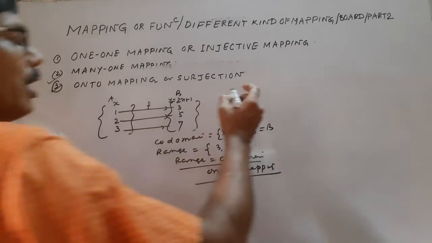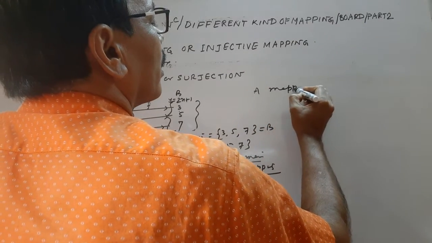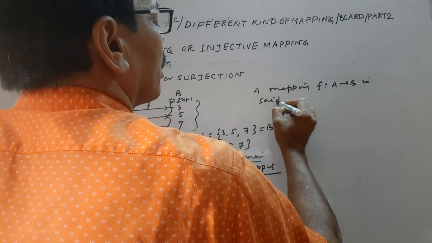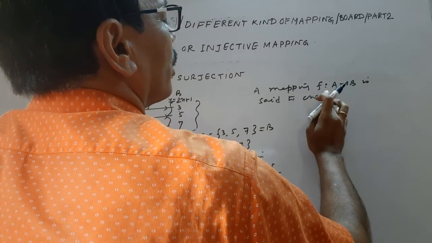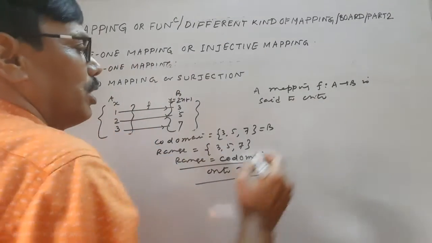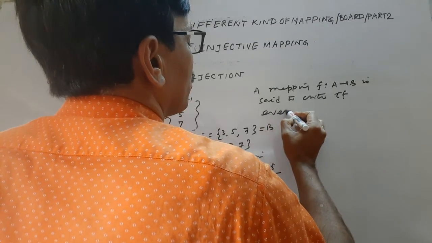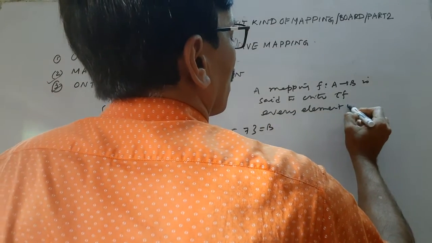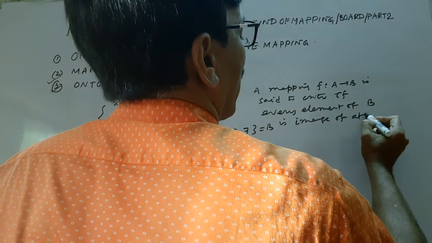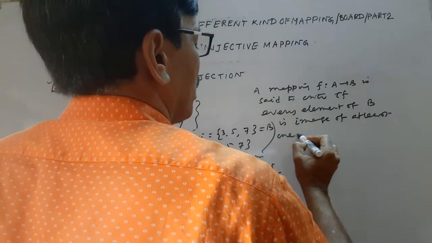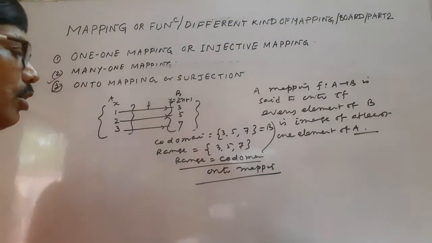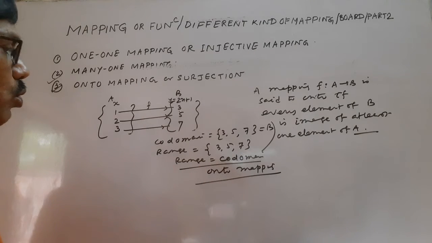Or in language, a mapping f from A to B is said to be onto if every element of B is the image of at least one element of A, or range equals codomain.